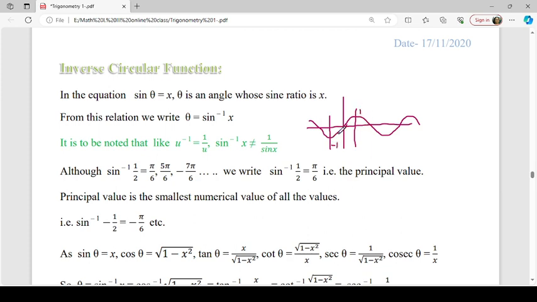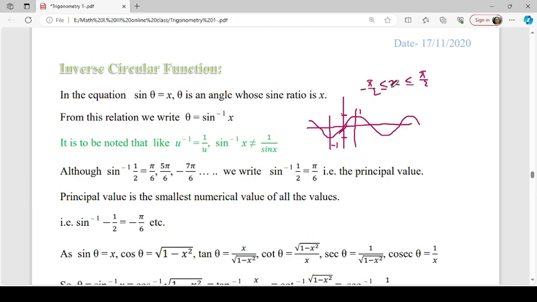This is the sine curve. This is the x axis, this is the y axis. So here it is minus 1 to 1, so x will be in this region. So we can consider the values from minus pi by 2 to pi by 2.